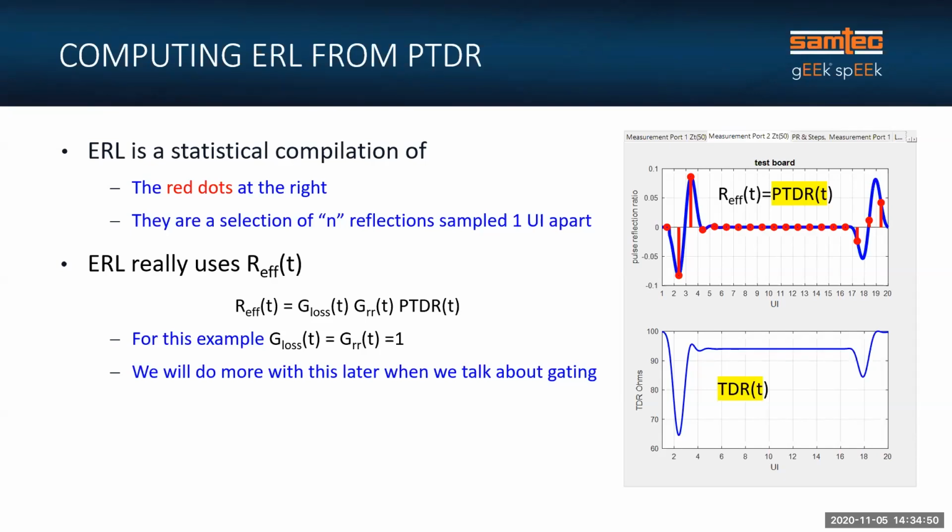This is a PTDR signal. The lower one is just for reference, the TDR signal, and that's of the board. Basically, we're going to look at the collection of N reflections, those N red dots.